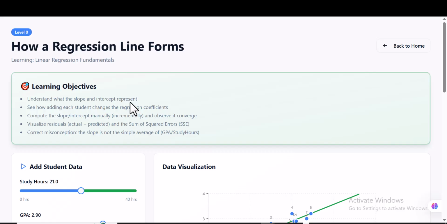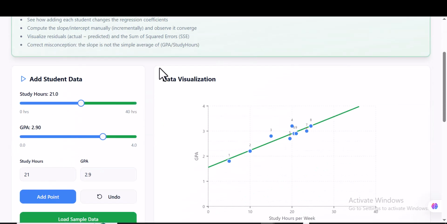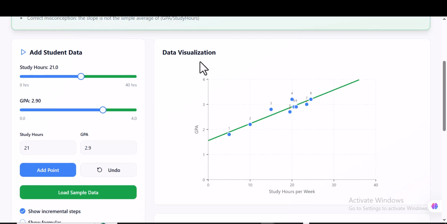So let's start. Here you can see that we are taking a hypothetical example where we have two variables. First one is the study hours and second is GPA. And you know that to form the association between these two variables, there should be some logic, some theoretical perspective you should have in your mind before you come up with a regression model.